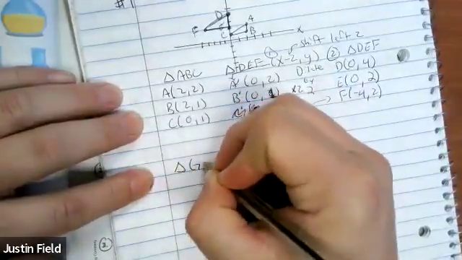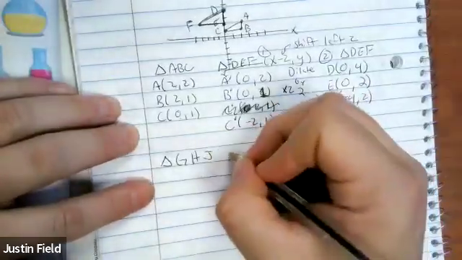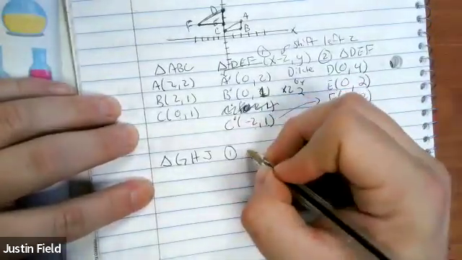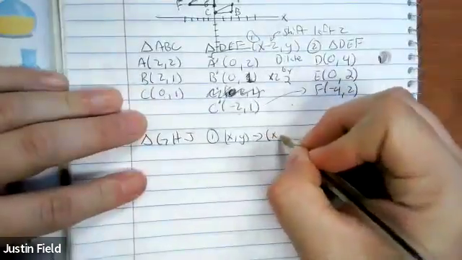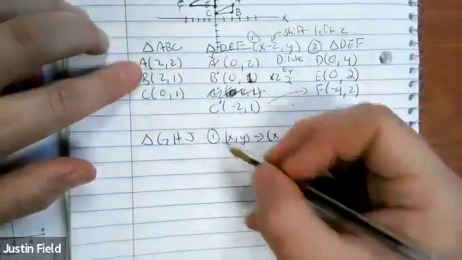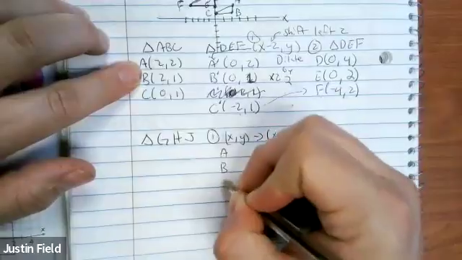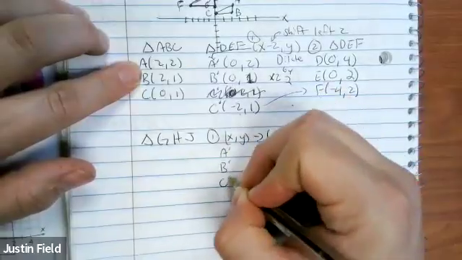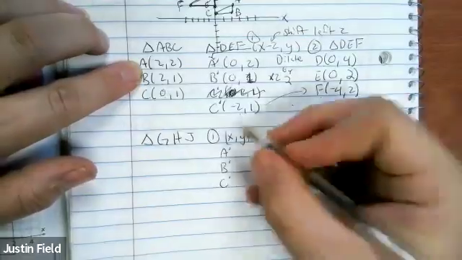Okay, triangle GHJ. So we need to do a reflection. (x, y) is going to, what is it going to? Going to (x, negative y). Okay, so starting here, I'm going to do my same thing, A prime, B prime, C prime here. All the y coordinates are becoming negative.